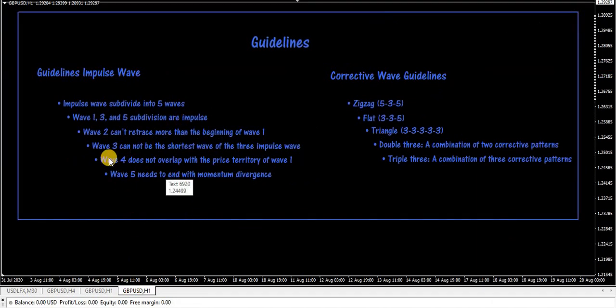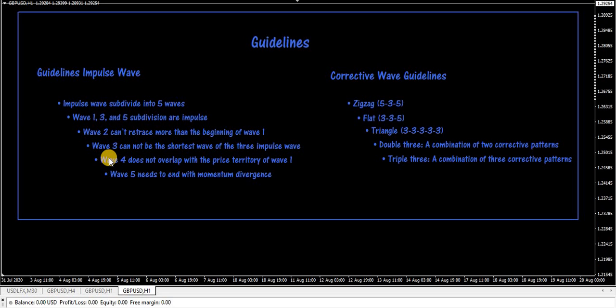Another guideline, guys, that is extremely important. Wave 4 does not overlap into the price territory of wave 1. Now, guys, there is an exception to this rule, but use this guideline, okay? I'm going to call it a guideline because it's not a rule, because there is an exception. The exception is leading diagonals.